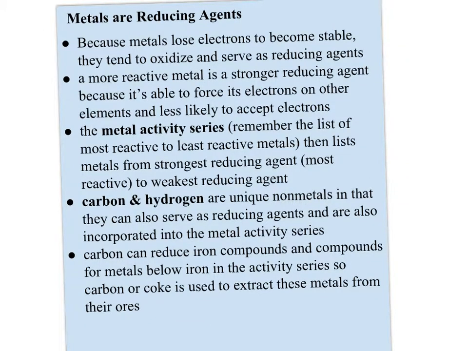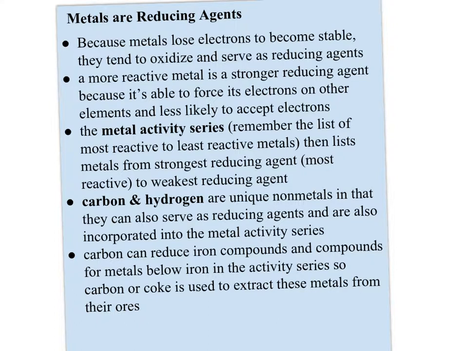So metals tend to lose electrons, become stable, because remember they're large, they have that low electronegativity and low ionization energy, so they tend to oxidize and serve as reducing agents. A more reactive metal is going to be a stronger reducing agent because it's going to be able to force its electrons on other elements more often, and it's going to be less likely to accept electrons.